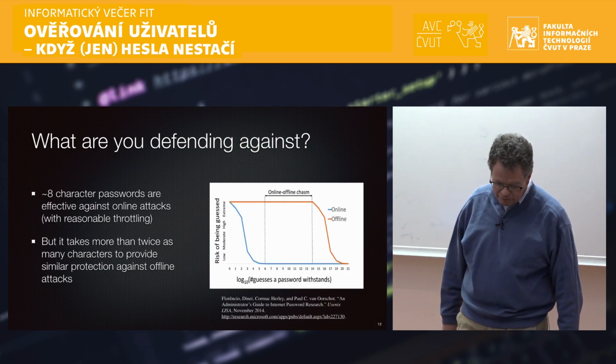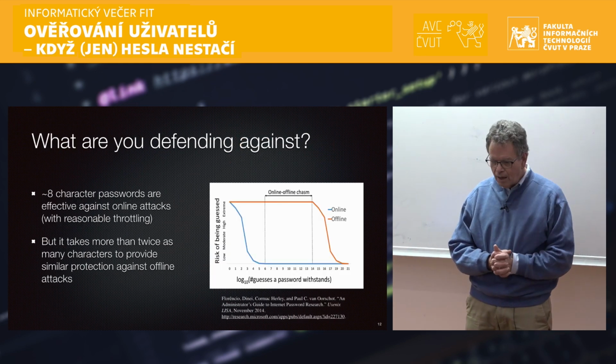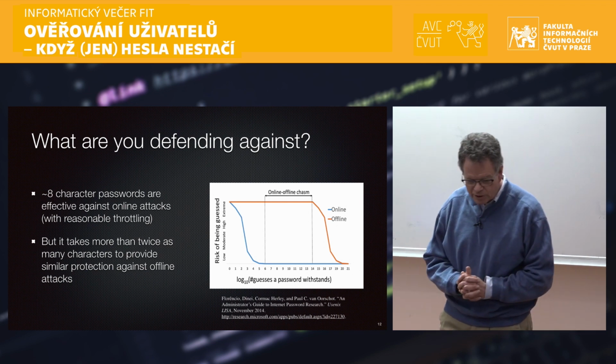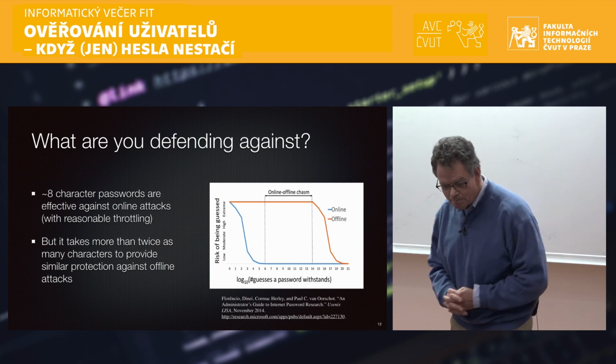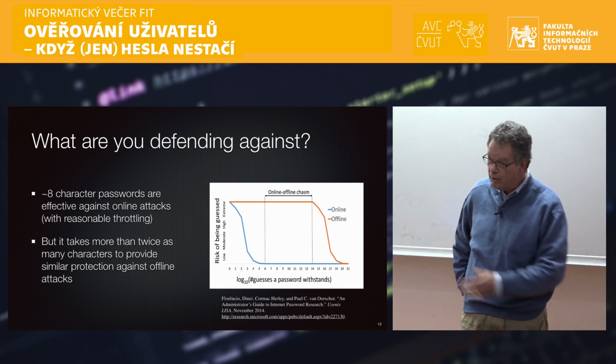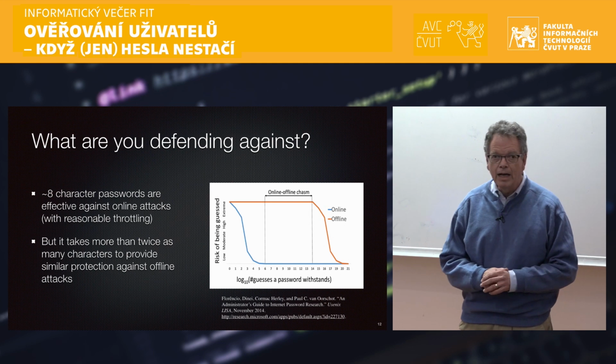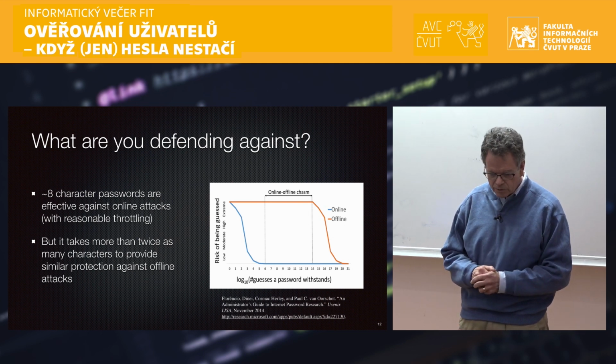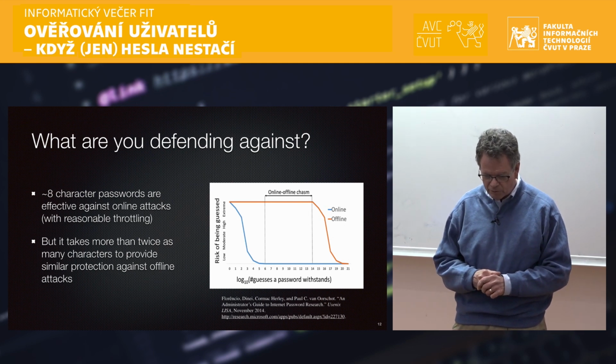And then there's another reason for this. This is an interesting graph from an academic paper, which I've referenced here. And we'll have the slides available online afterwards, so you can look at some of this if you want.